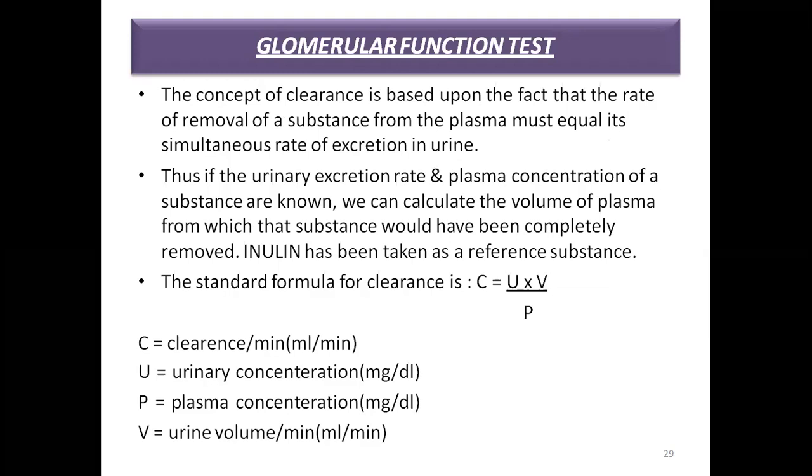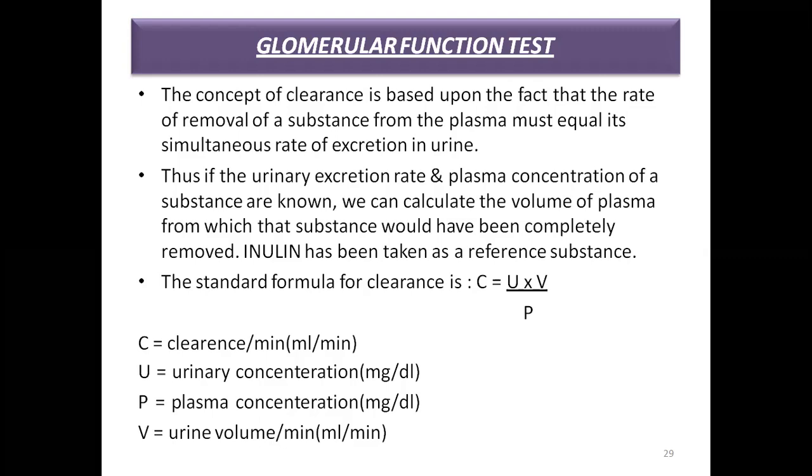The concept of clearance is based upon the fact that the rate of removal of a substance from the plasma must equal its simultaneous rate of excretion and release. So, clearance means if it's coming out of the plasma and getting filtered, the same amount should be excreted in the urine.